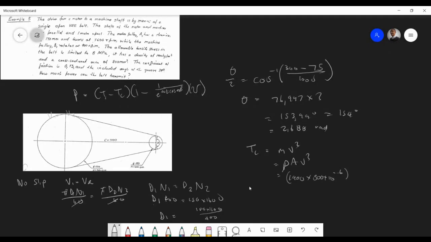That'll give us our mass. Our velocity is going to be the same, so we use the one that we know. That's pi times 0.15 times 1,600 divided by 60, squared. Let me just get the centrifugal tension.